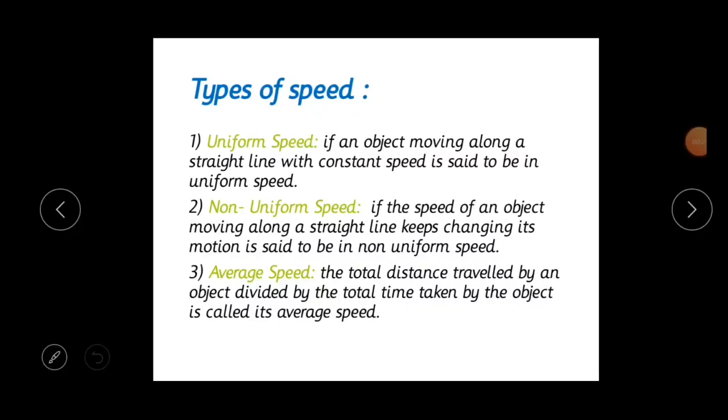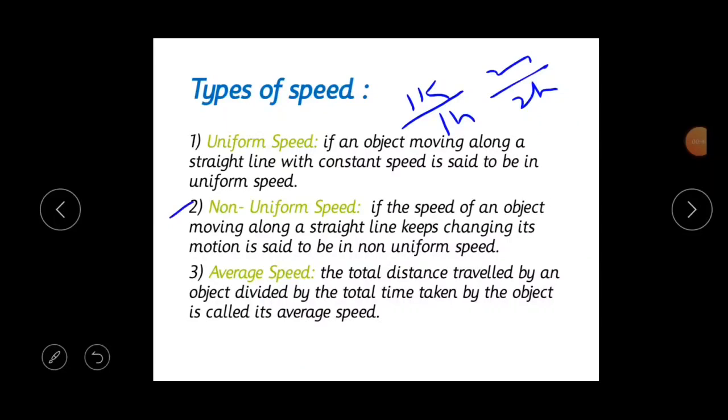For example, if a car travels 1 kilometer in 1 hour, 2 kilometers in 2 hours, 3 kilometers in 3 hours, it means the object travels a fixed distance in the same time gap, so it is said to have uniform speed.